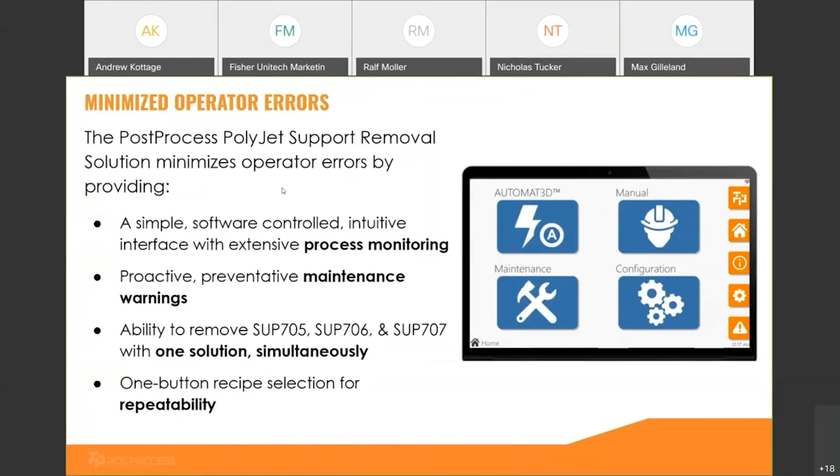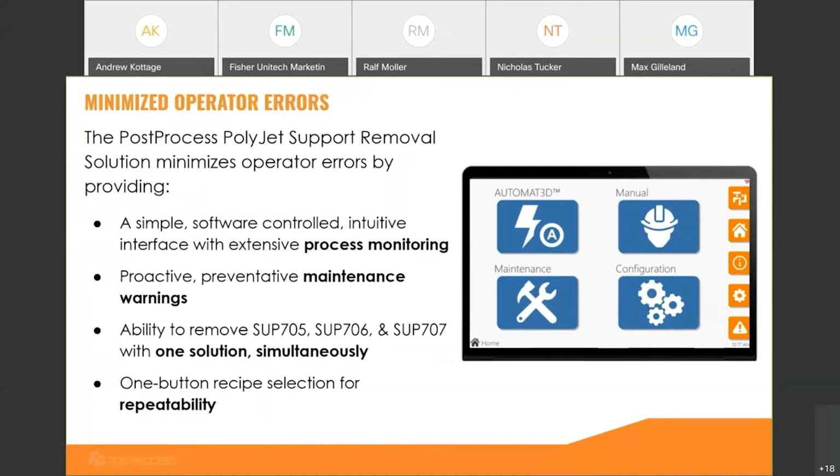We have really 3 key settings in our solution: agitation level, temperature, and time, that really allows the user to simplify that process. And then we're monitoring the process real time. So we understand if the temperature is starting to increase and how to be proactive about maintaining that. We understand if your filters are starting to get a little clogged up. So there's things that we're monitoring throughout the whole process.